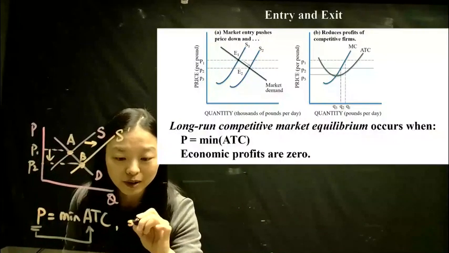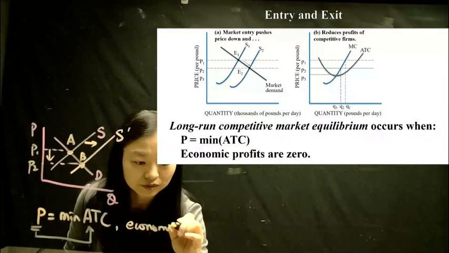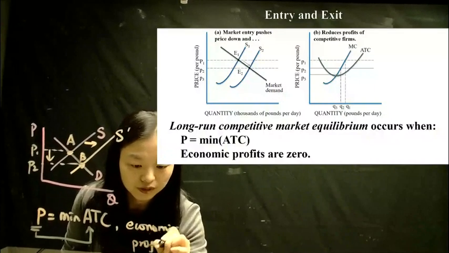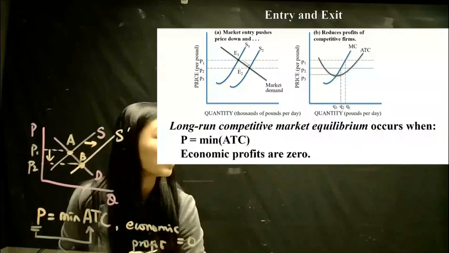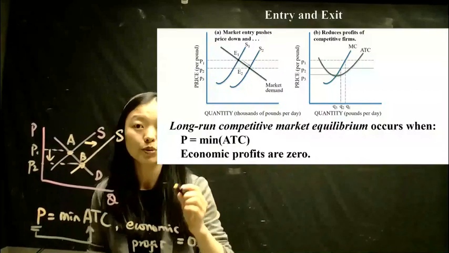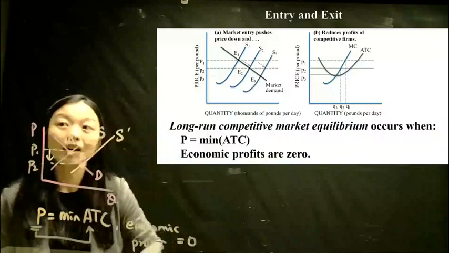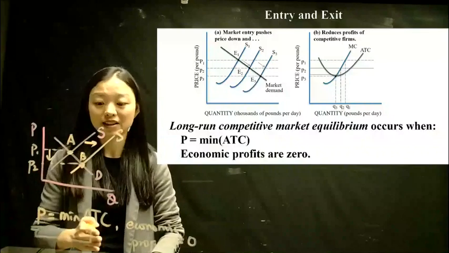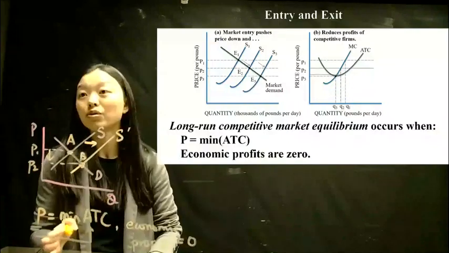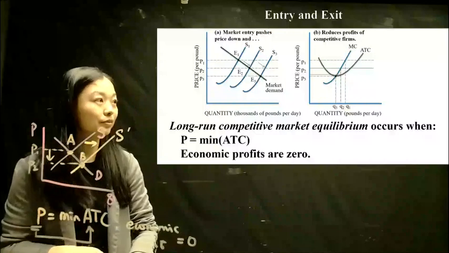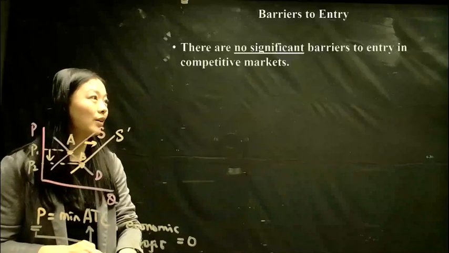So the economic profit will equal zero. And then at that time, firms will stop entry and exit. Market will reach the long run equilibrium.